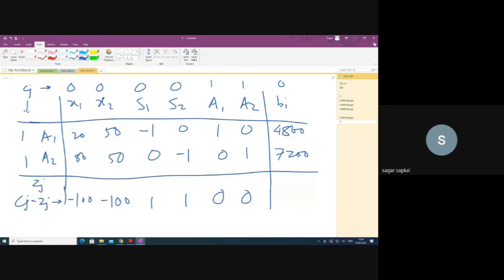If there is a tie between a decision and a surplus variable, choose the decision variable. If there is a tie between two slack or two surplus variables, then choose any one arbitrarily. If there is a tie between a slack and an artificial variable, then choose the slack variable. If there is a tie between a decision and an artificial variable, then choose the decision variable.